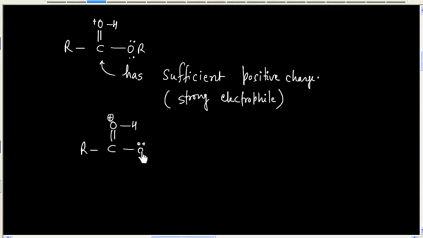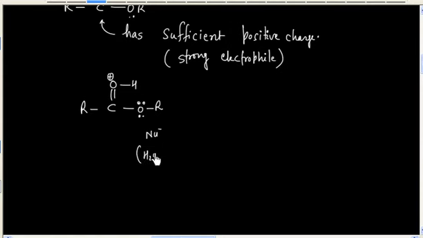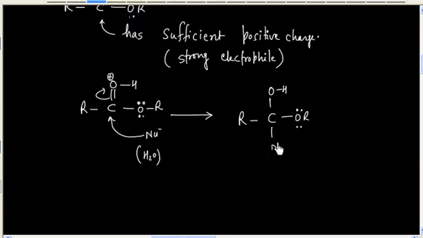a nucleophile, even a weak nucleophile, for example H2O, can attack on this carbon and it will generate tetrahedral intermediate. So this is tetrahedral intermediate.